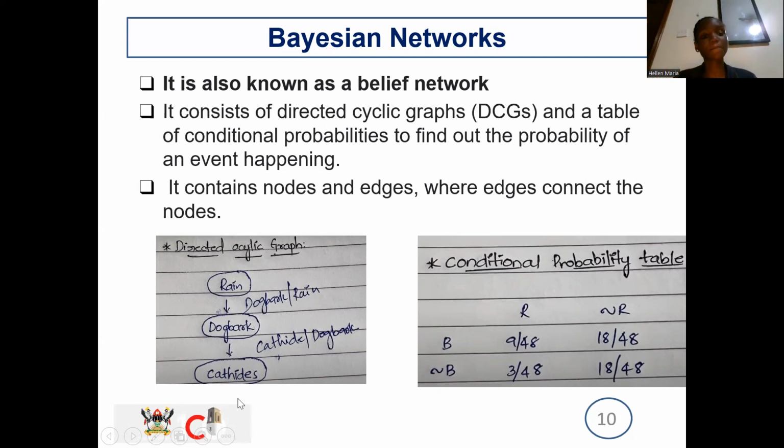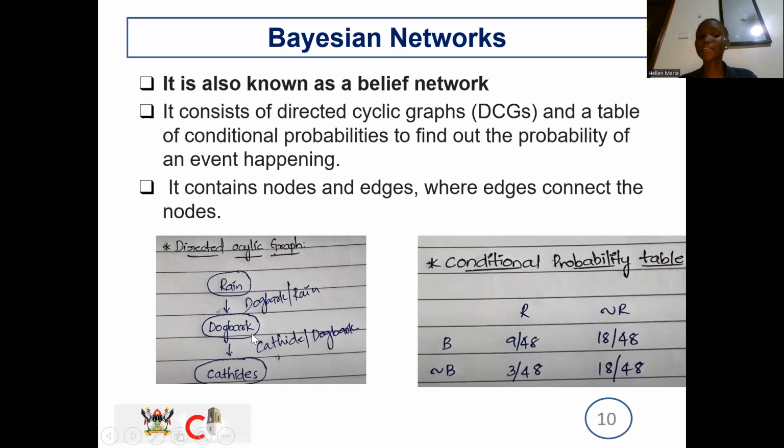So in a directed cyclic graph, you know the word says directed. So as you see, there are these arrows. So this is showing us if it rains, the dog will bark. And if the dog barks, the cat will hide. So there is that direction that it follows. Yes. So the dog will bark given that it has rained.